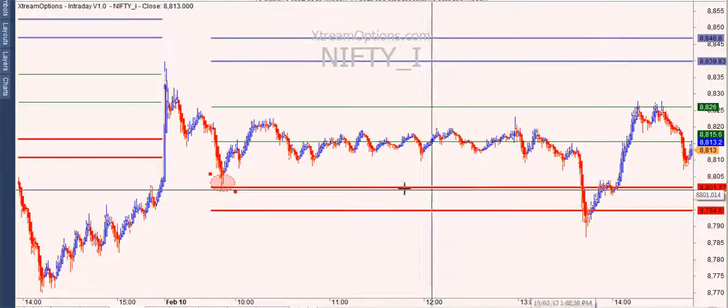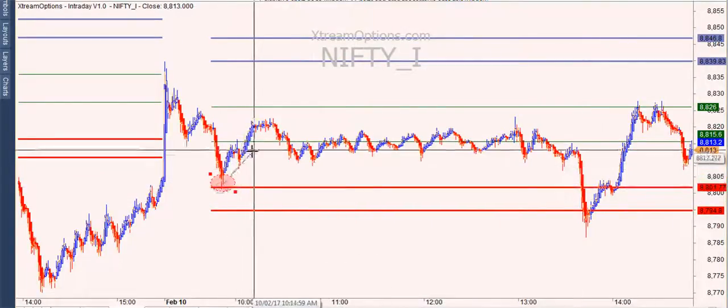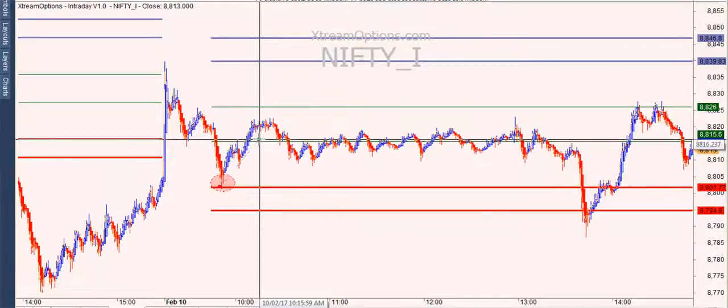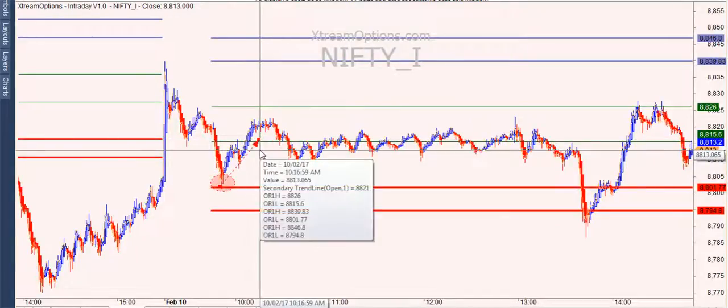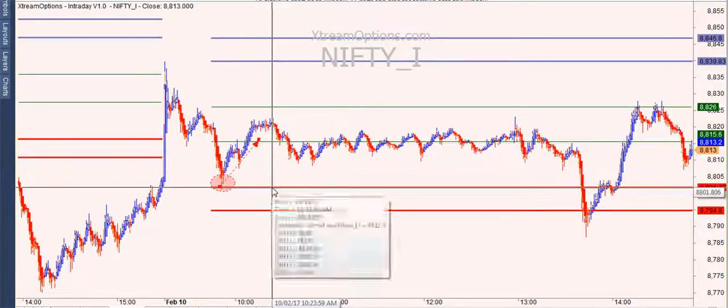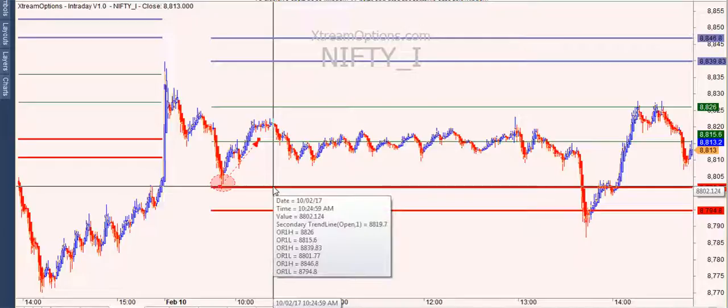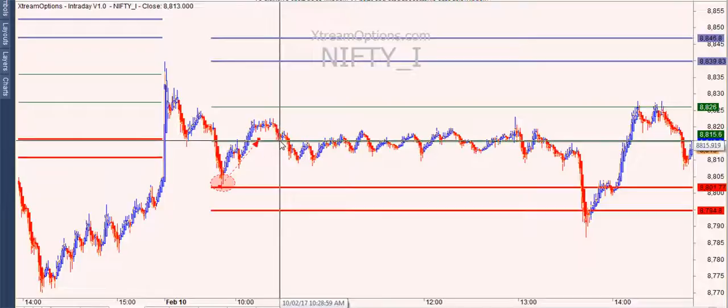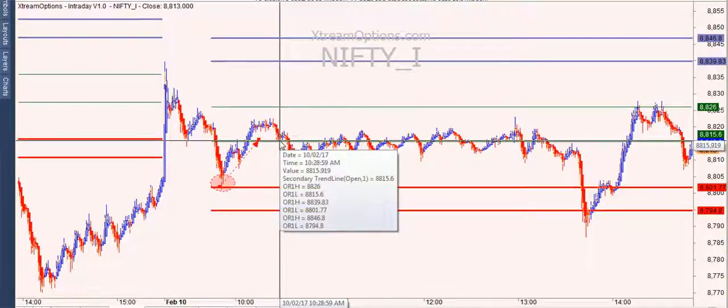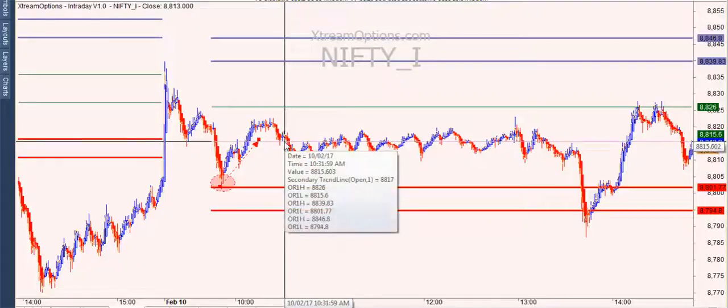What happened thereafter is it hit this support line and went back to the neutral zone. The price at this support line is 8802 and the price at the neutral band is 8815, which is almost 13 points that you get.